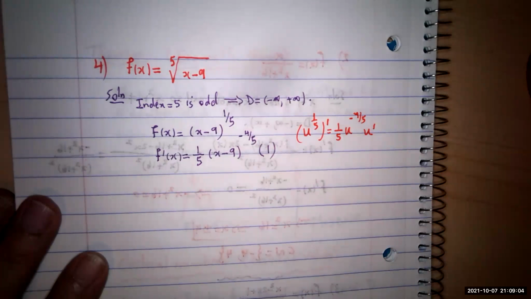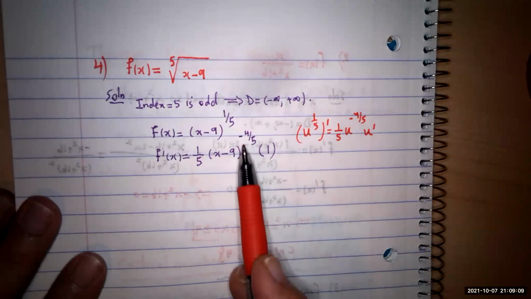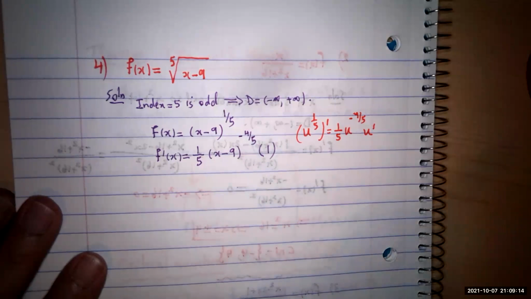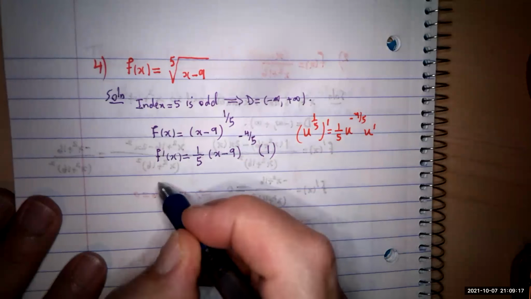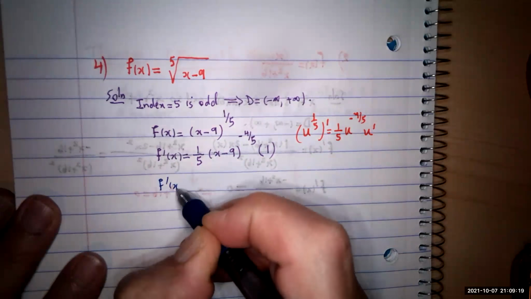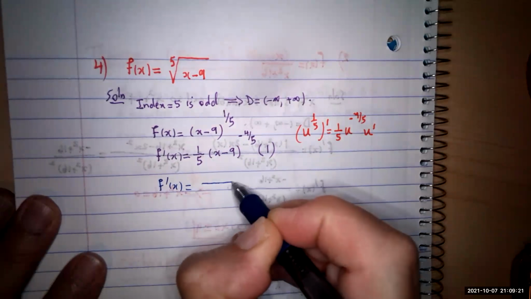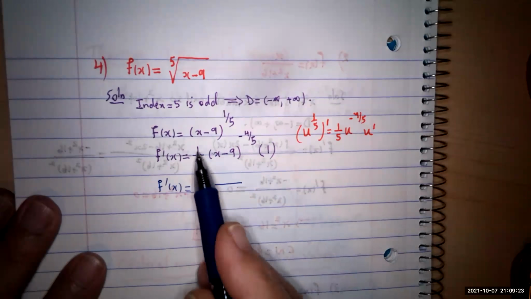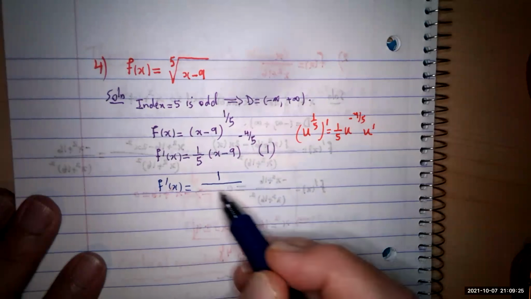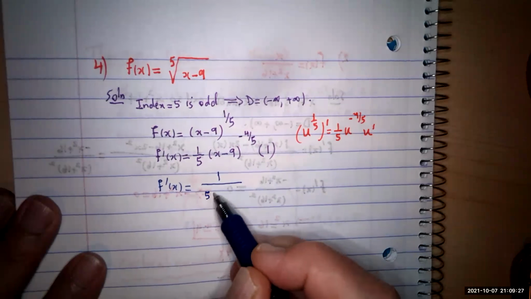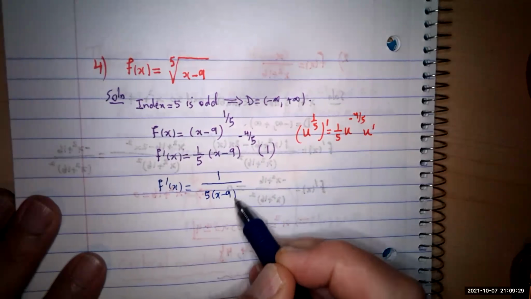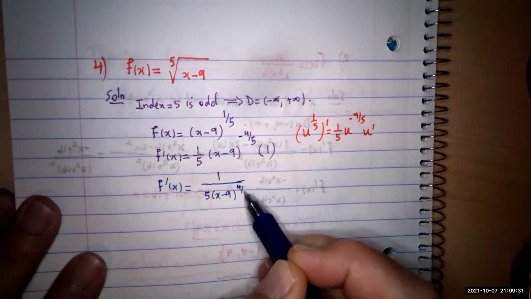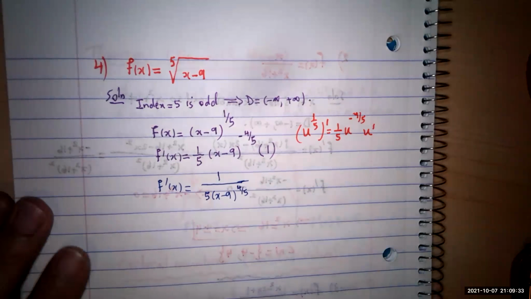Okay, now we have to continue because we want to let it equal to 0. So first thing to do, you have to get rid of this negative sign. To get rid of the negative sign, you know that you write it in fraction form. So this is going to be your f prime. It's going to be a fraction. On the top, we get the 1. Down the bottom, we get the 5 times x minus 9, everything to the 4/5.